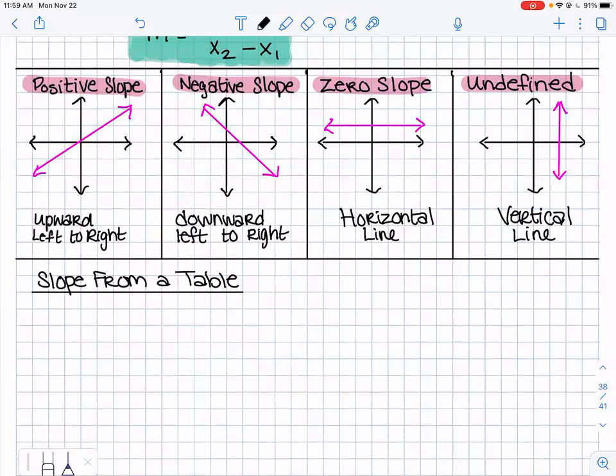All right, so for this first one, here's our table. They're going to give you the values. All you have to do is plug them in.